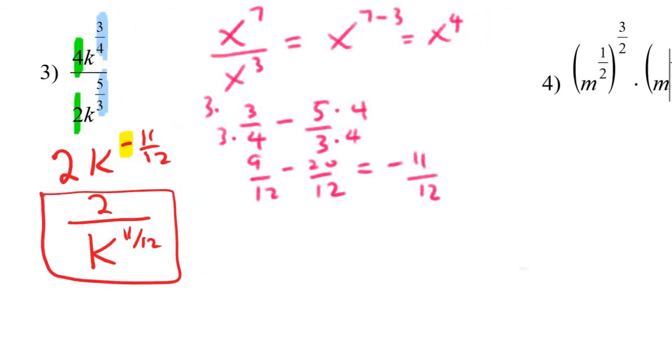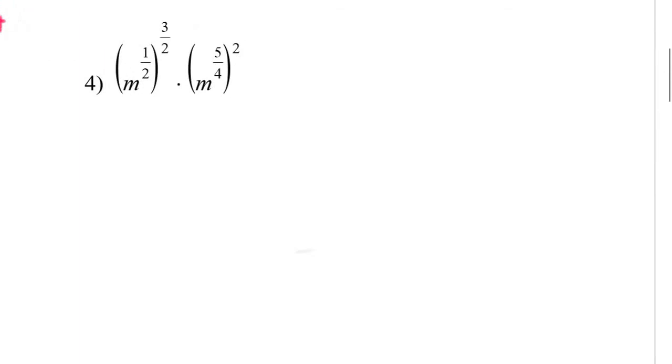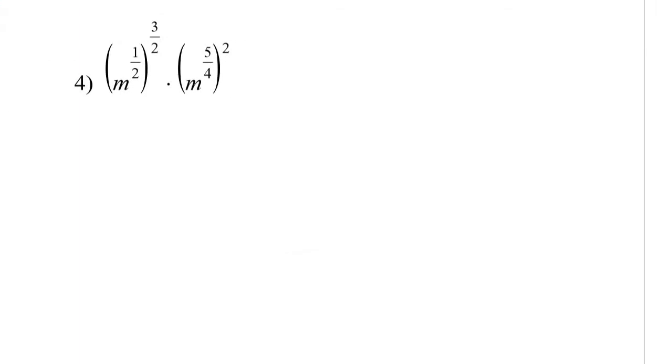All right, so here is another example that is a little bit more complicated. So we have power of power. So here is power applied to power, and another power applied to this power. Okay, we're going to do that first.